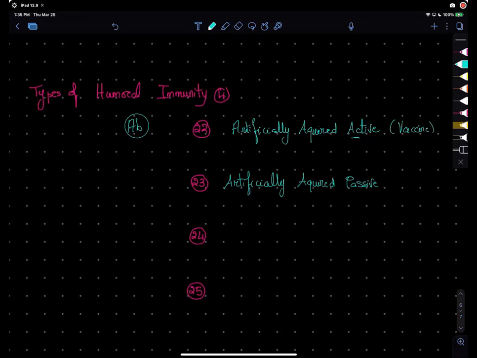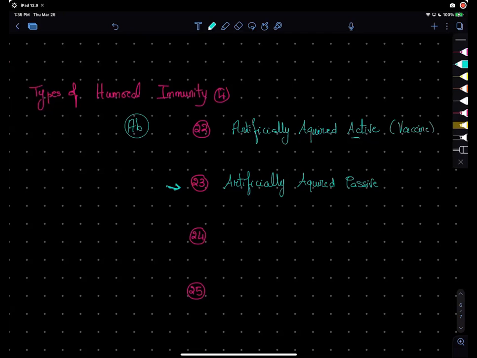To extract the antibodies. And who gets those antibodies? Sick patients, those who need an immediate protection.